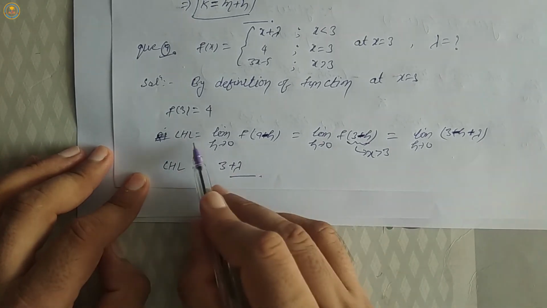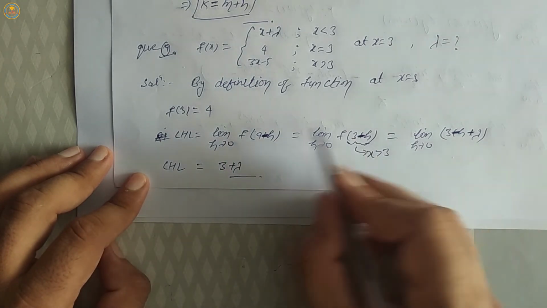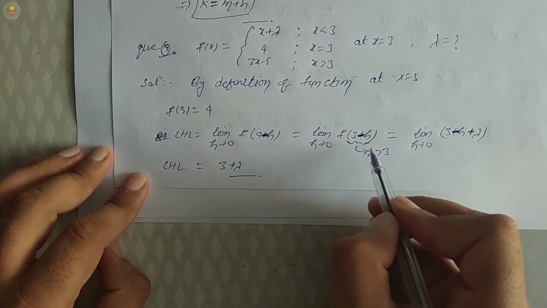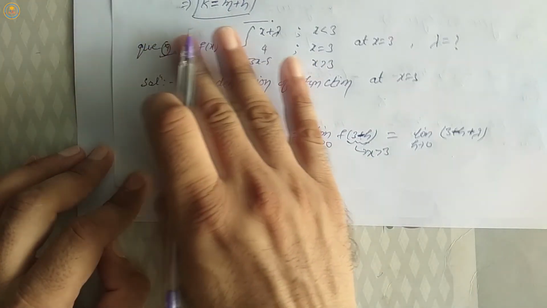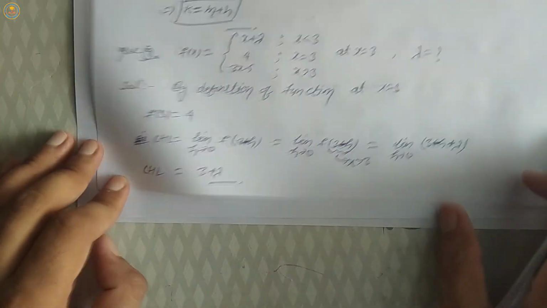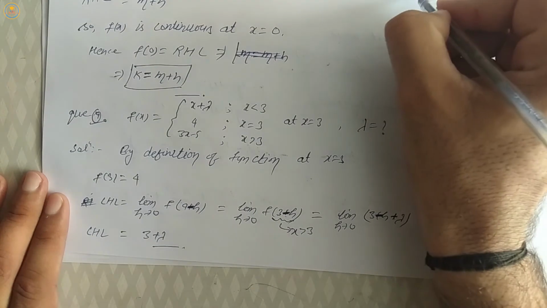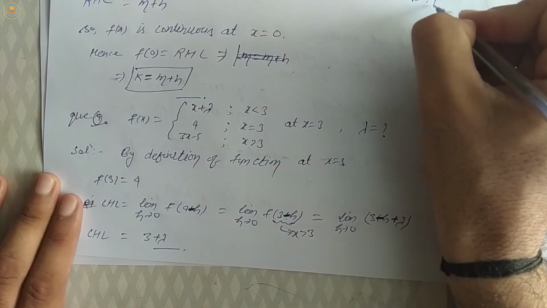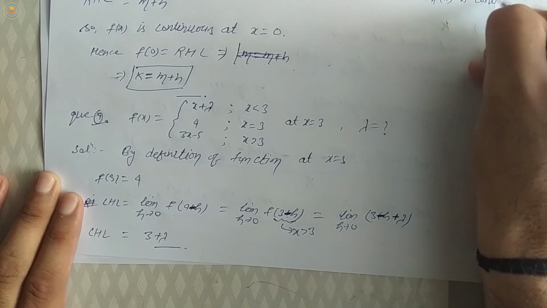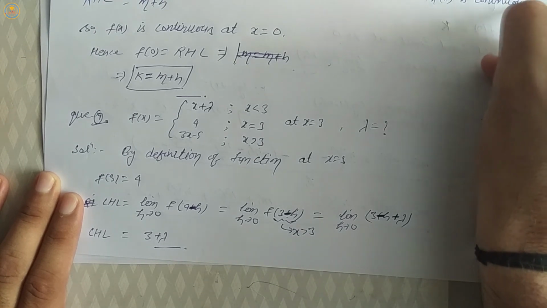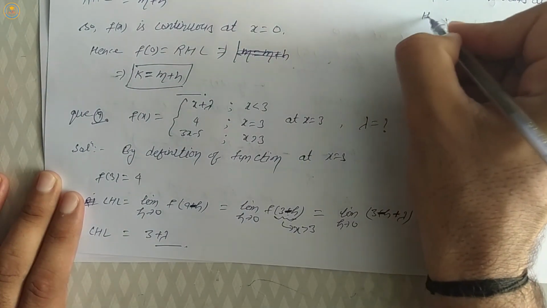Okay, so f(x) is continuous at x is equal to 3.